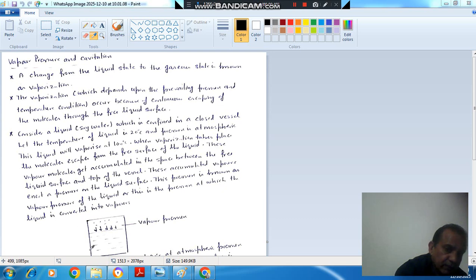Suppose we have liquid inside a vessel at atmospheric pressure, then there is continuous escaping of liquid from this free surface, and this will convert into gases and develop a pressure on the free surface of the liquid, which is called vapor pressure.